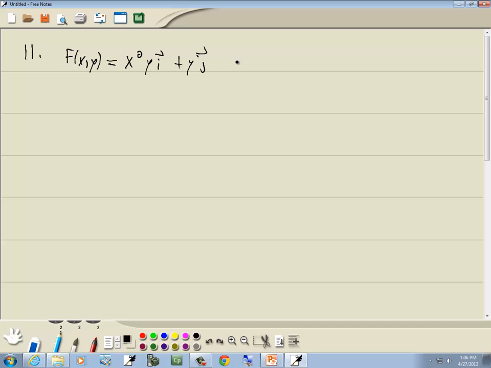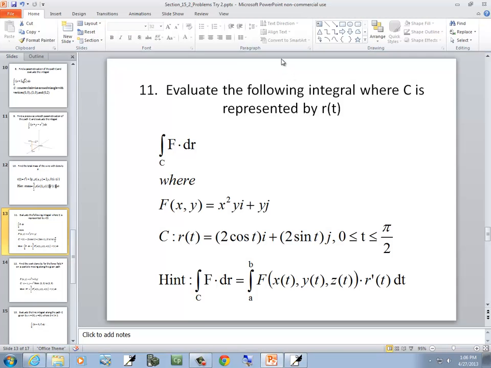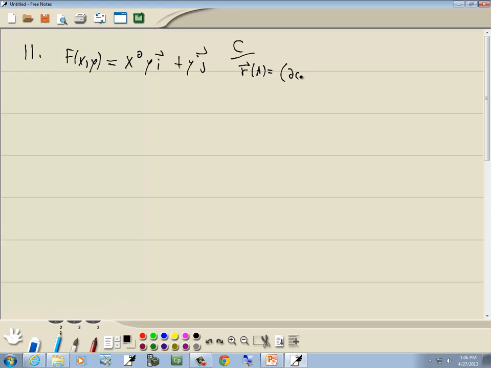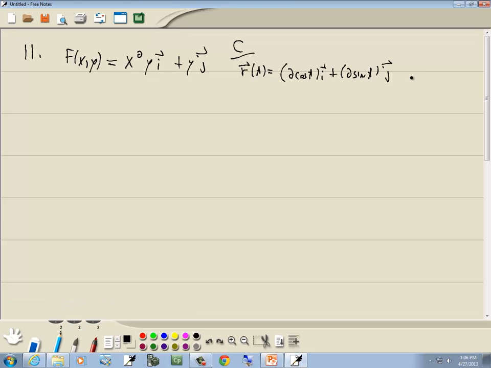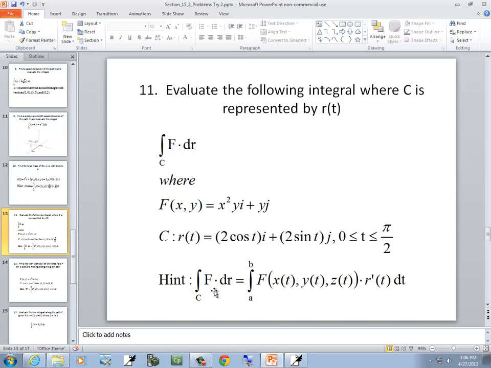And they give us that C is r of t is equal to 2 cosine t i plus 2 sine t j from 0 to pi over 2. And you notice all the hard part's done for us here. We don't have to do the smooth parameterization. Now our formula is down here.